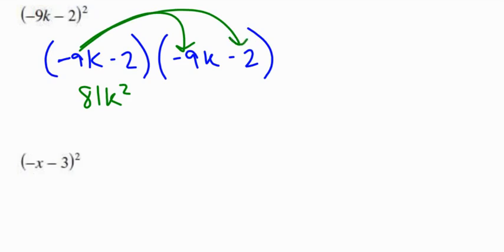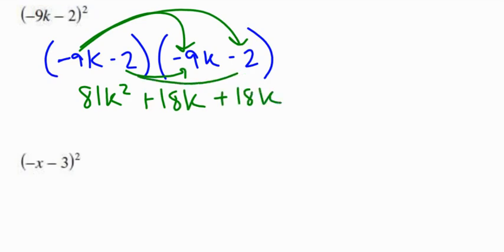So here I have a -9k times a -2 is a positive 18k. -2 times -9k is the same thing, a positive 18k. And a -2 times a -2 is a positive 4. So I have 81k squared plus 36k plus 4.